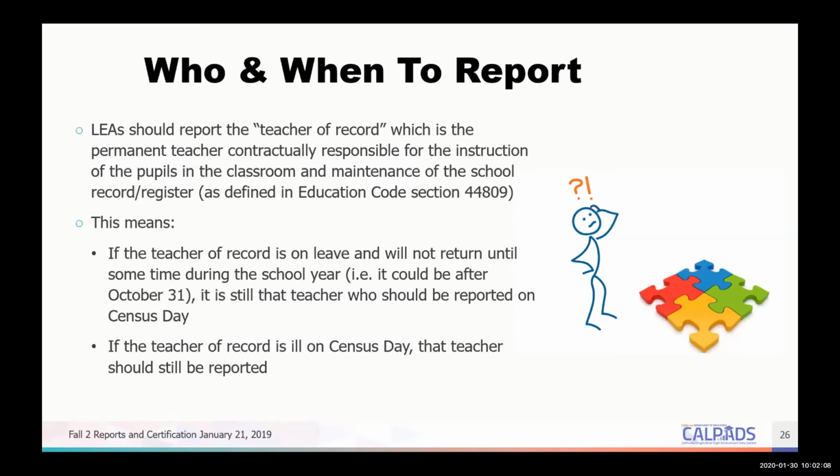Now if the teacher of record is ill on census day, you still report them. You only report a substitute teacher if the class has a vacancy, meaning there was no staff member employed and assigned to those classes.